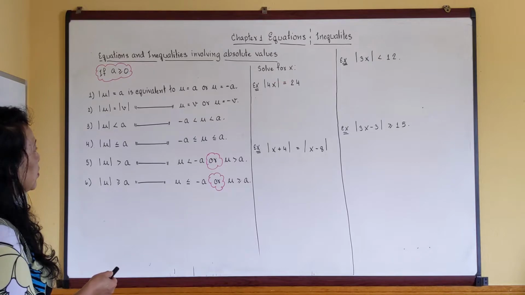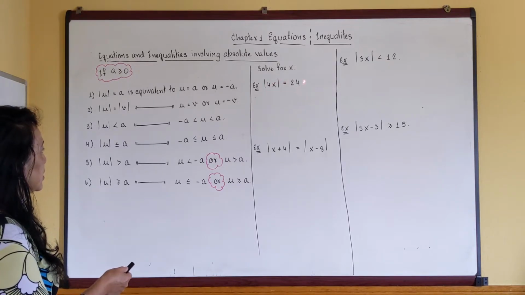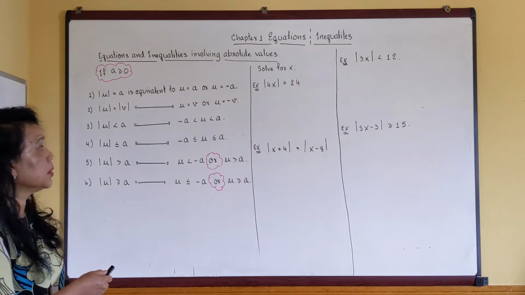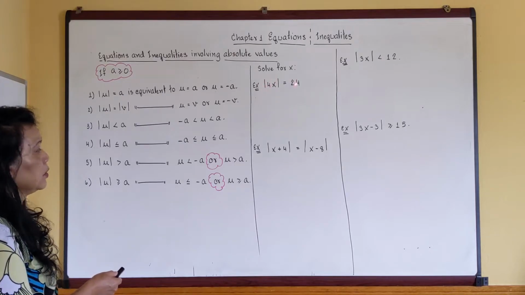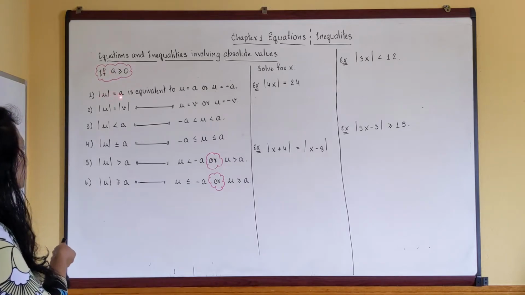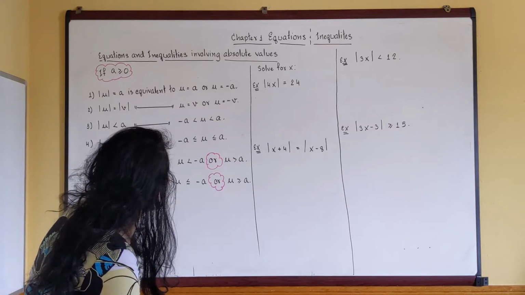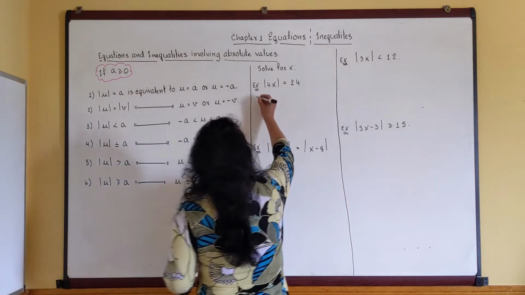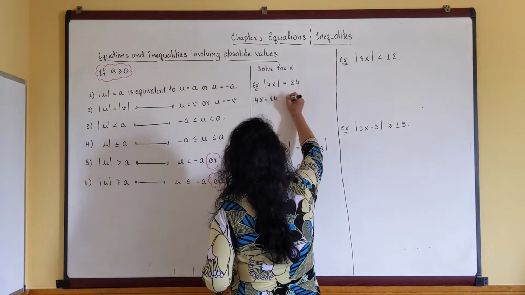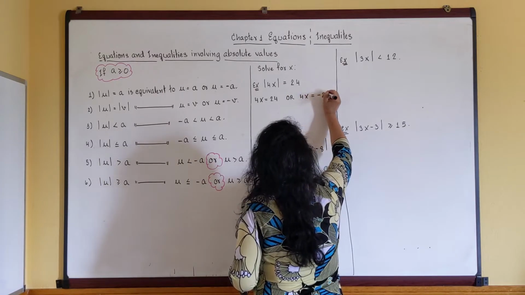This is the first example here. So your u is 4x and your a is 24. 24 is positive, all right? So any number, when it comes out from absolute value, has to be positive. For this one, I'm going to use the first property. So 4x equal to 24 or 4x equal to negative 24.